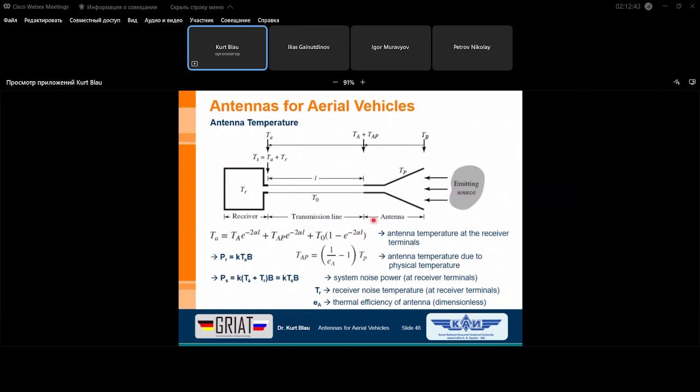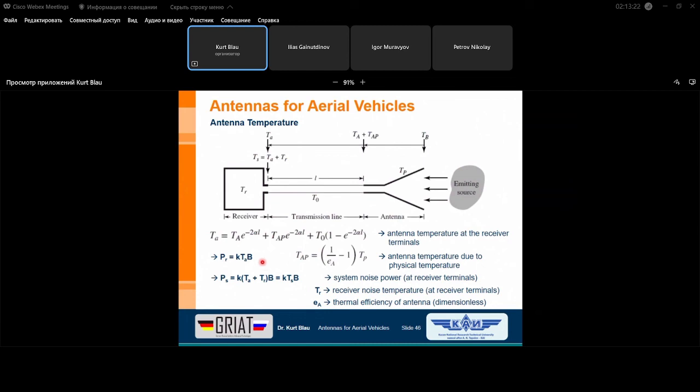And the sum of all these single parts together is given already at the output of the antenna and along our transmission line at the input of our receiver. This increased equivalent noise temperature is another expression for the noise figure. And now the overall noise figure is shown here. This is the receiver noise power.